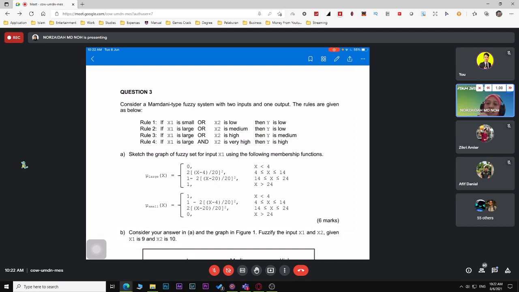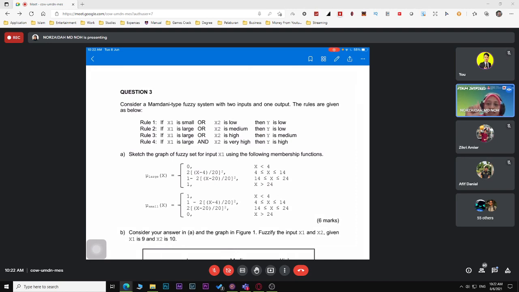Okay, kalau you ingat lagi there are 4 steps in fuzzy inference system. Who can tell me what are the 4 important big steps in fuzzy inference system? Anybody? The first one is... tak ada siapa nak jawab.